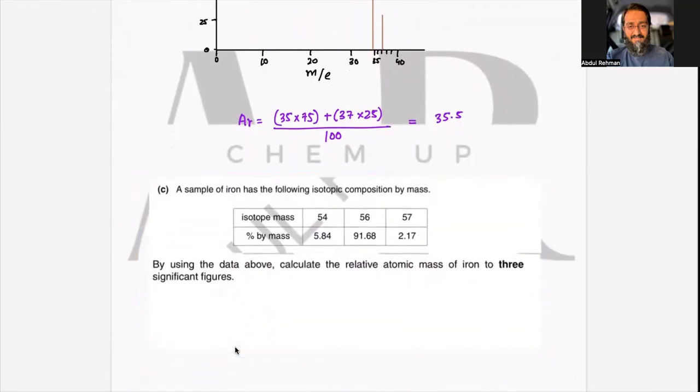Okay, so this is the simplest question for you guys. They have given you the isotopes of iron and their percentages, and you need to calculate the AR.